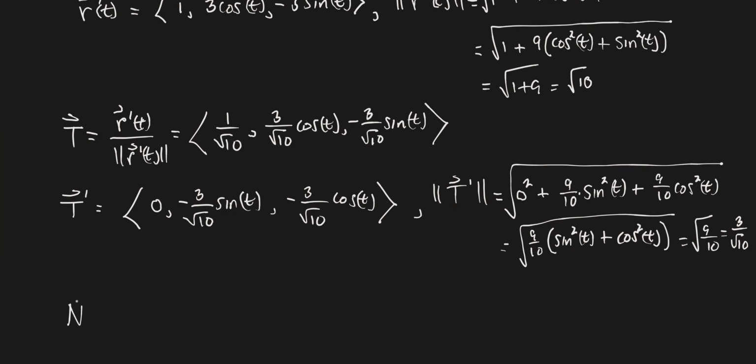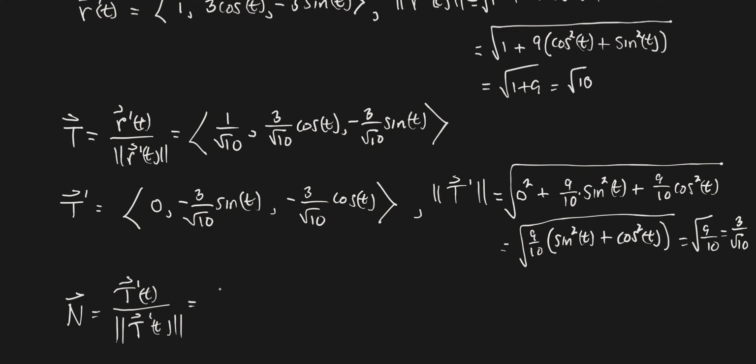So our principal unit normal vector is, and let me write down the formula, the derivative of your unit tangent vector divided by the magnitude of the derivative of the unit tangent vector. So in this case, we're dividing by 3 over root 10. In fact, let me write it like this.